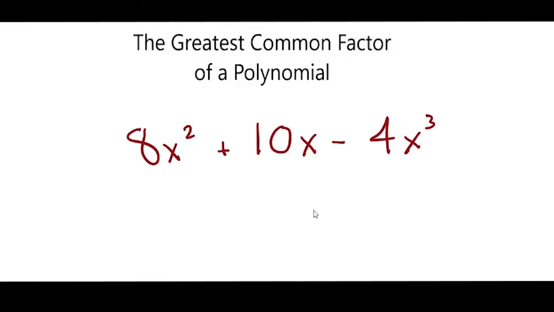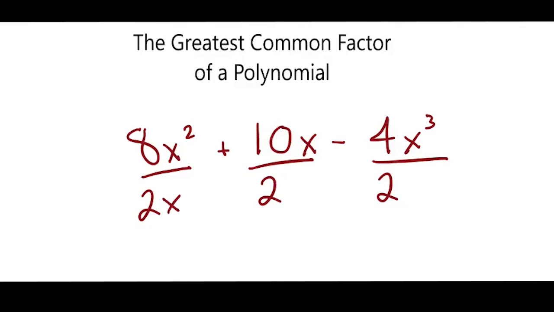Let's say I have 8x squared plus 10x minus 4x to the 3rd. What can I divide all of them by? Well, 8, 10, and 4 are all even numbers, so I can divide them all by 2. And then each of my terms has an x.